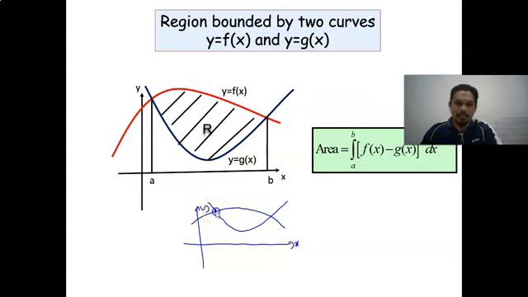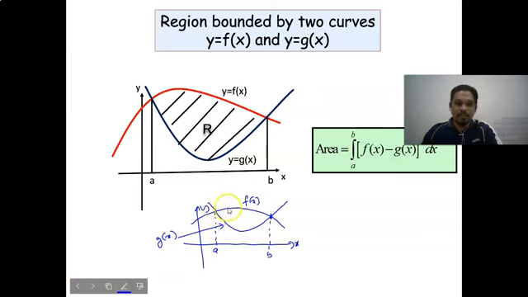The intersection points between these two are when x equals a until x equals b. Let's say this is f(x) and this is g(x).